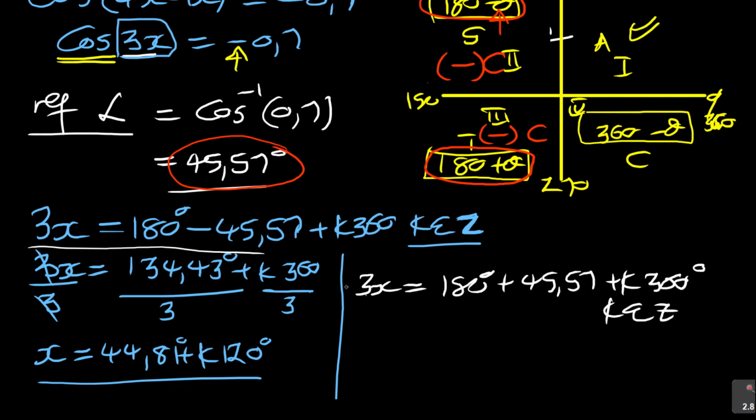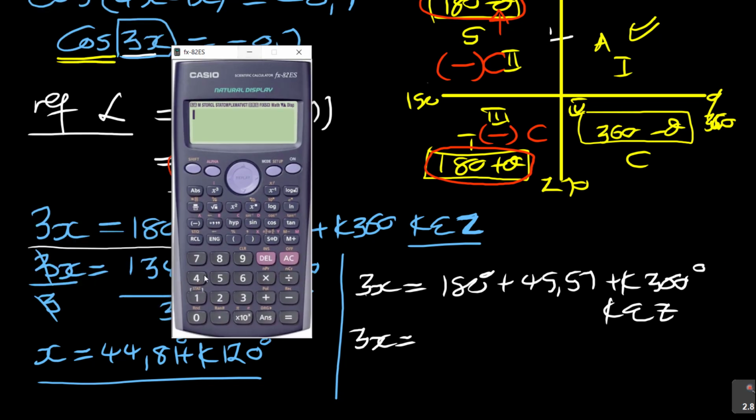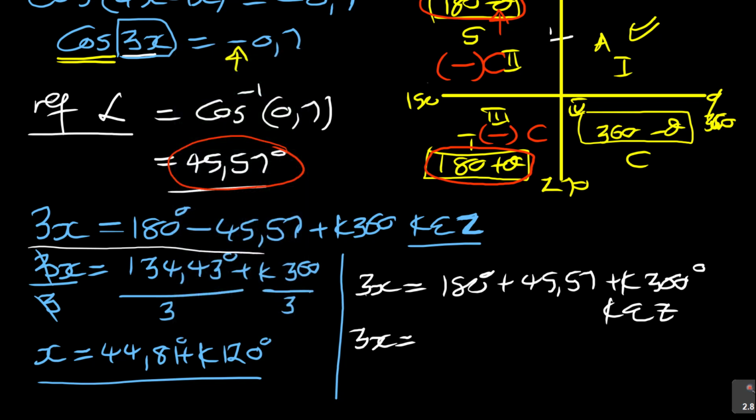Then from there, it's up to you now to divide again. You say 3x is equal to, you add those two, 180 plus 45,57, you get that, you write it down, plus k 360, then you divide each item by 3. What will be the answer? It's 75,19.